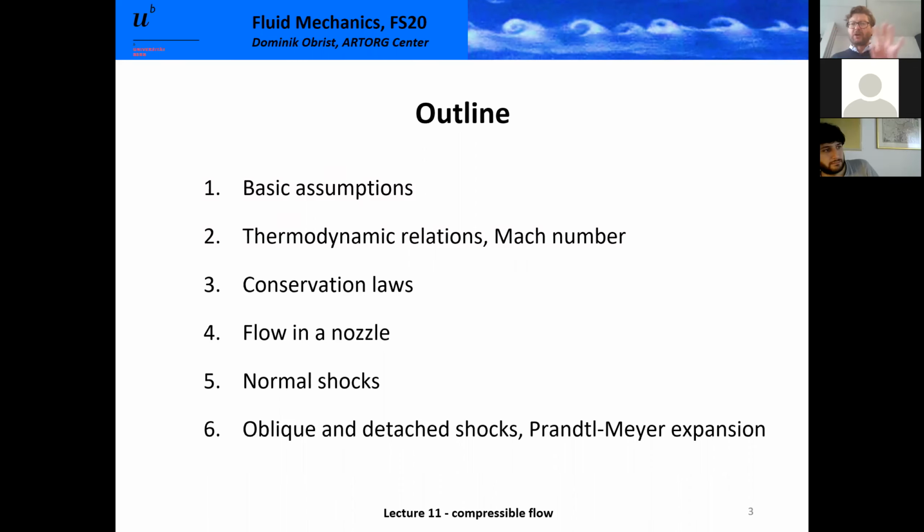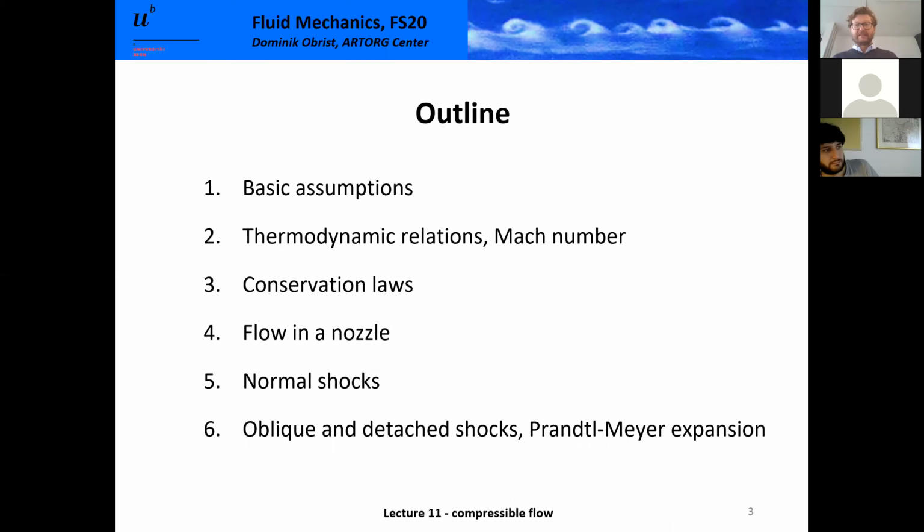We're not going to do thermodynamics, but we're going to look at some relations we need to understand the flow. Then we're going to define conservation laws, essentially the same conservation laws as we had in incompressible flows, just adapted for the new phenomenon. Specifically, we're going to look at one application, the flow in a nozzle, because it combines a lot of very nice phenomena and is also of practical relevance.